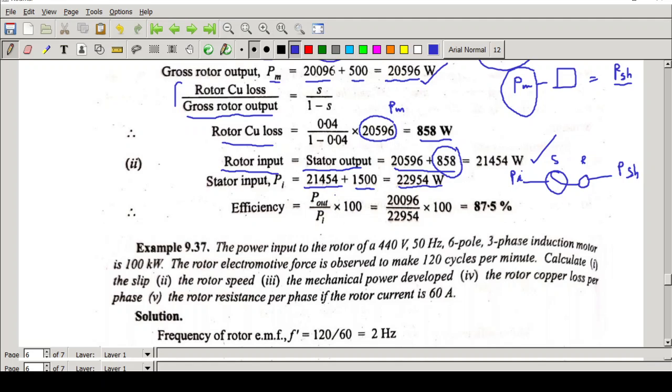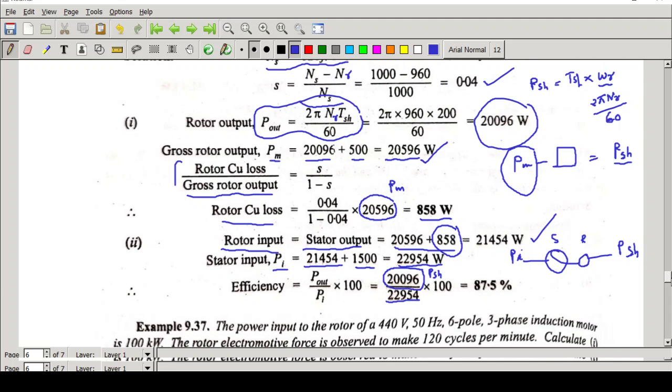Pi, the stator input we calculated, will come in the denominator, and in the numerator you have to take the power at the shaft, not Pm. Here we have to take PSH or P output, which we have calculated there. So that value we have to substitute. This is the P output or PSH. So that value will come in the numerator.